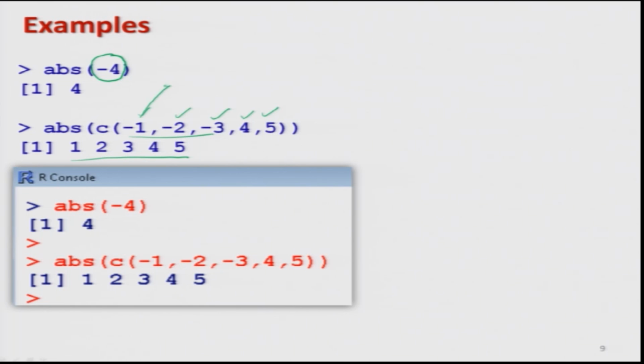Because the absolute value of -1 is 1, of -2 is 2, of -3 is 3, of 4 is 4, and of 5 is 5. So, you can see here that this absolute function operates over each and every element in your combined vector, and this is the screen output of the same operation. So, you can try it yourself.